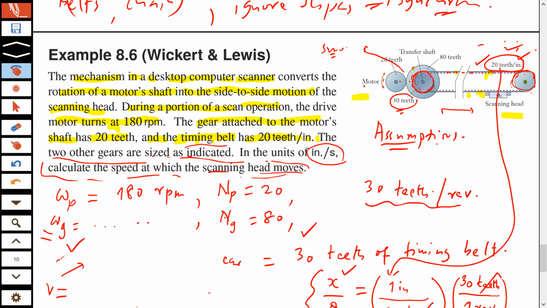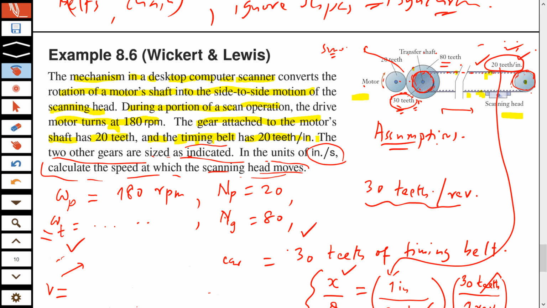Now this gear of this 30 teeth gear, this is mounted on the same shaft as the 80 teeth gear, okay? And they are both on the transfer shaft, okay? So I can say that, the angular velocity of that, maybe I should not call it omega g, I can call it omega t for the transfer, okay?